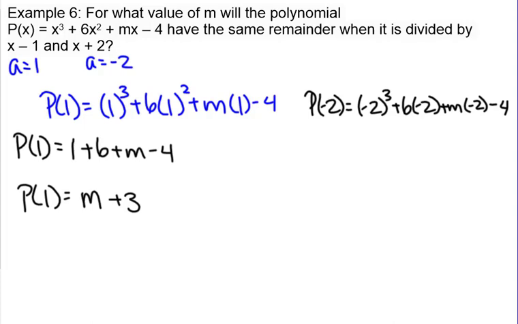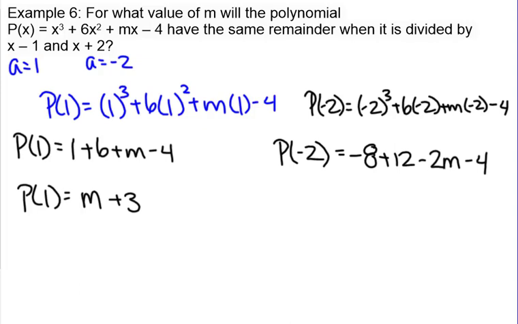And our other equation, p of -2 is equal to -2 cubed is -8 plus 12 plus -2m subtract 4.